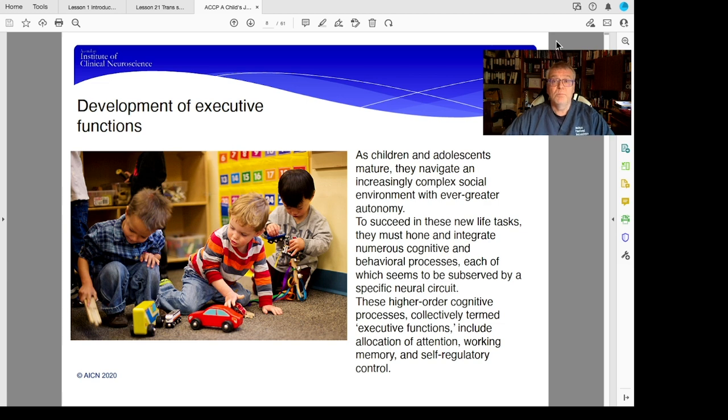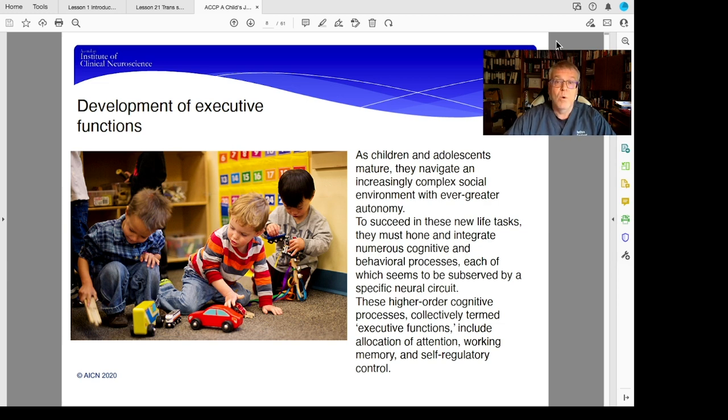Now, the higher order cognitive processes, which we collectively term executive function, include things like allocation of attention, working memory, and self-regulatory control. So by allocation of attention, we mean how much of my brain processing power do I apply to a certain thing I'm attending to?